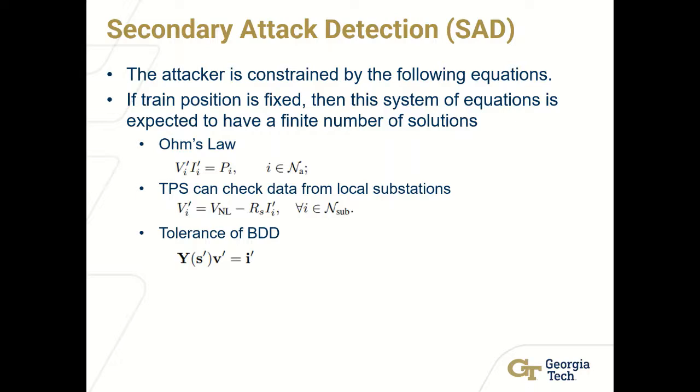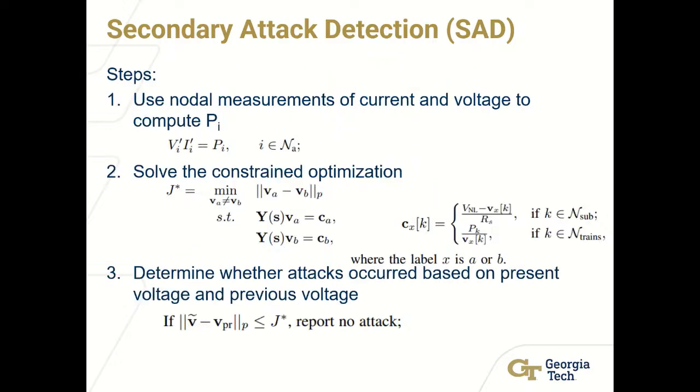Second, the TPS can check data from local substations, and that false voltage measurement can be compared to the no load voltage measurement and reduced by the amount of expected resistance times the current. And similar to BDD, the tolerance of the system does come in here.